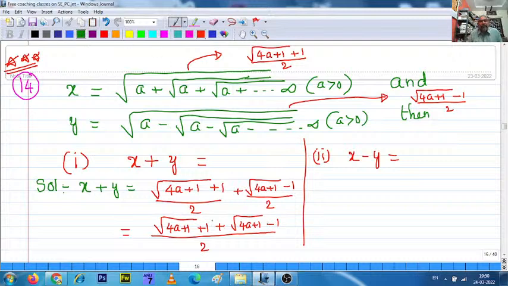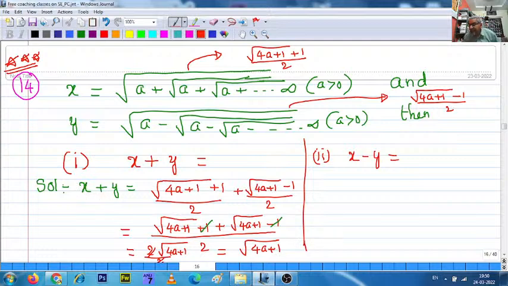Plus 1 minus 1 cancel. So this is root of 4a plus 1 plus root of 4a plus 1, 2 root of 4a plus 1 upon 2. 2 will cancel out. So this is equal to root of 4a plus 1. Very simple manner we can remember. x plus y is equal to root of 4a plus 1.